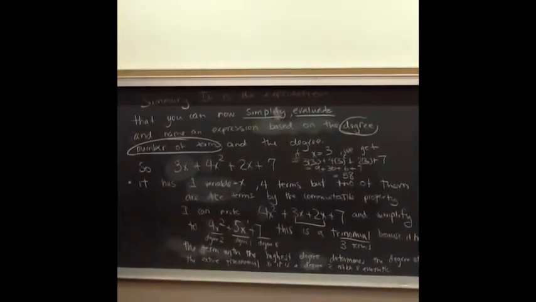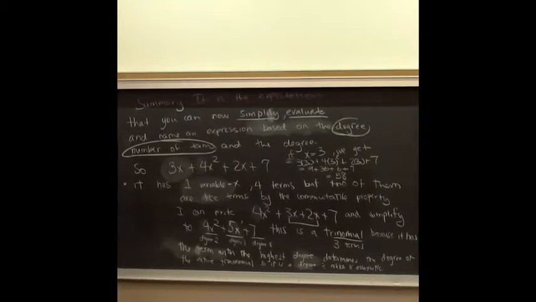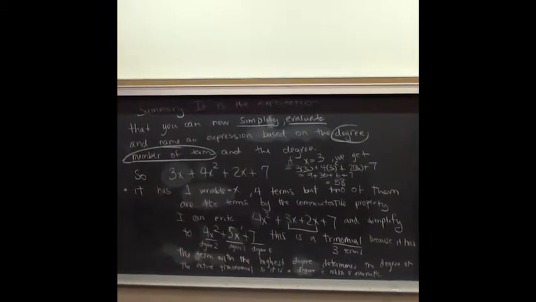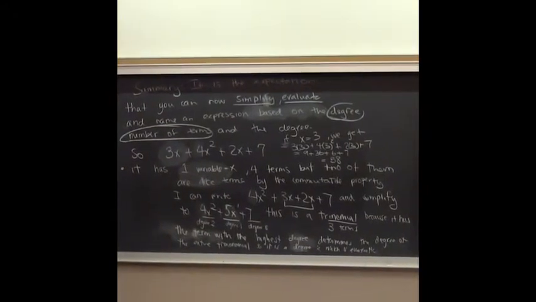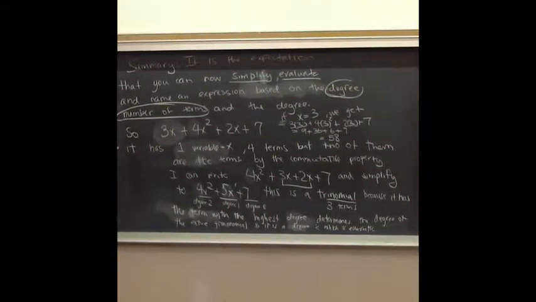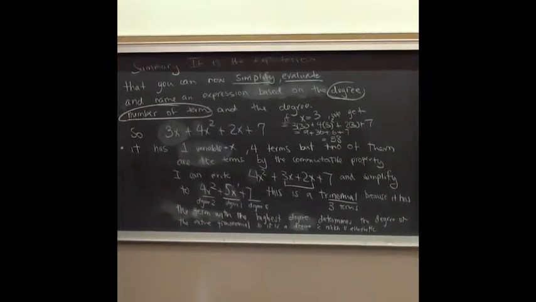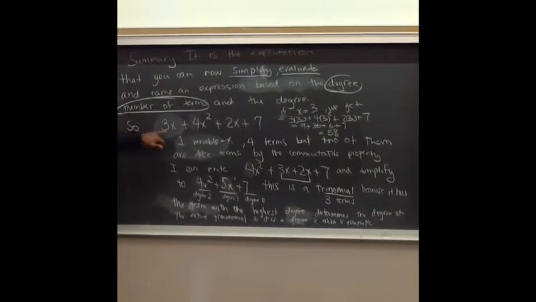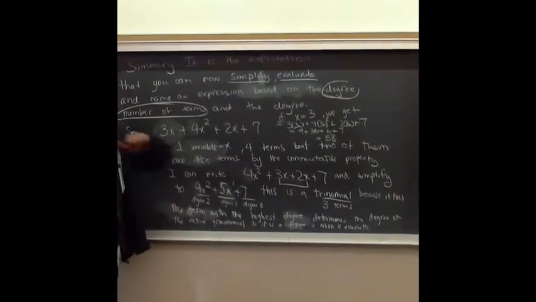Here's a summary. So the expectation is that you can simplify an expression, evaluate an expression for different values of variables, and that you can name an expression based on its degree and number of terms. So here we have 3x plus 4x squared plus 2x plus 7.